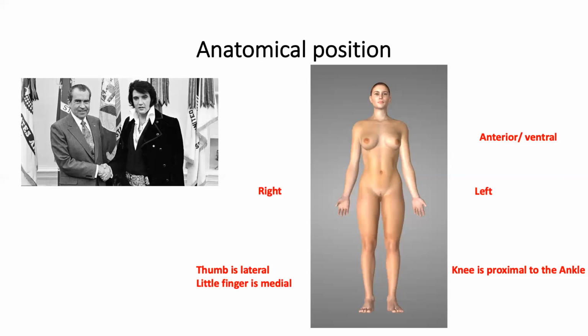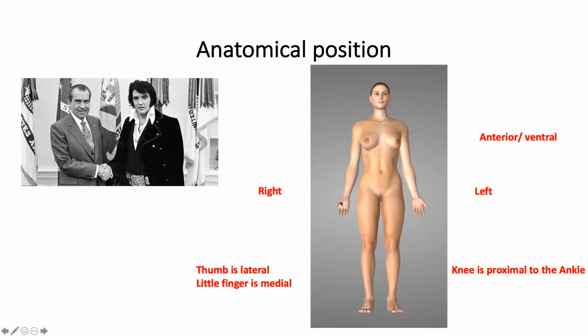In the later lectures, whenever we say which is right and which is left, unless mentioned otherwise, we will take it that the human body is in the anatomical position, and the right side is right, the left side is left.